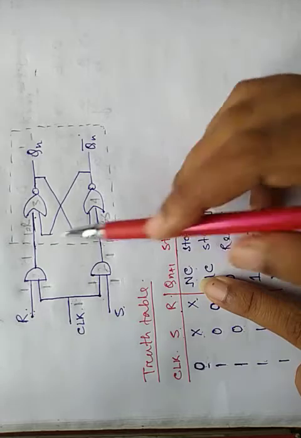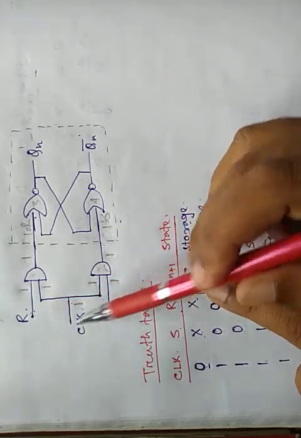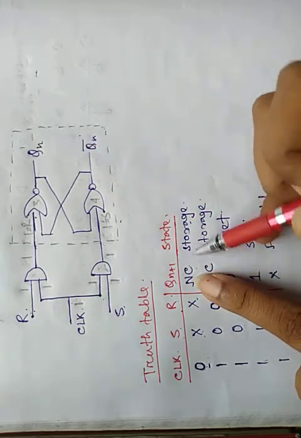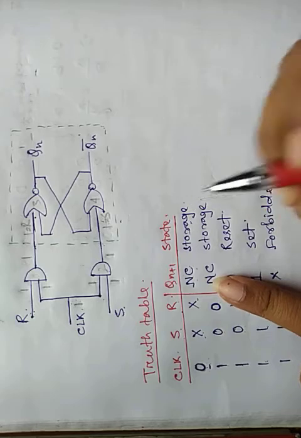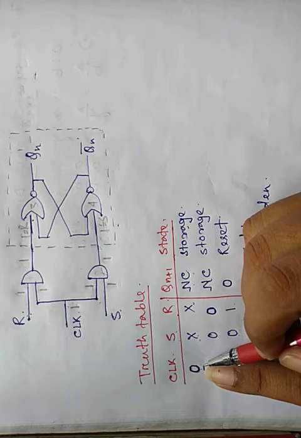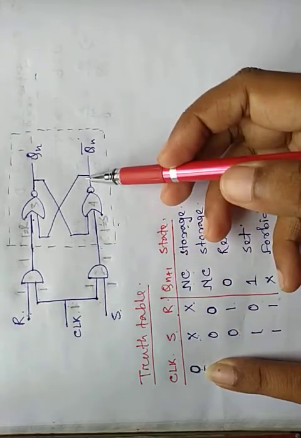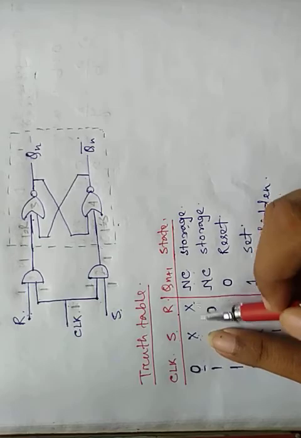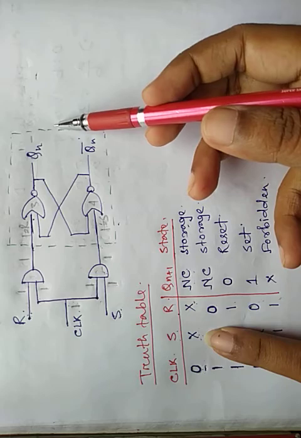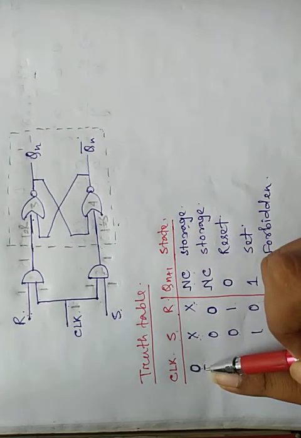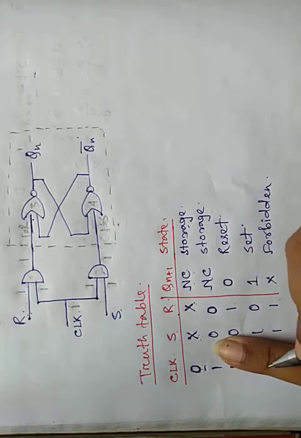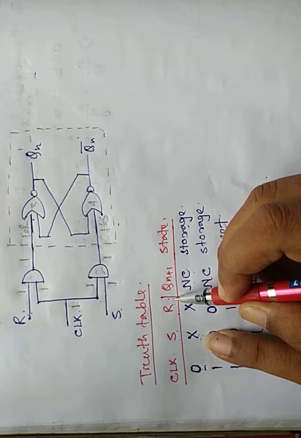If clock is 0, the output value of the flip-flop will not change, that is, the flip-flop will not get activated. That's why I have written the cross sign here, meaning whatever be the value of S and R.